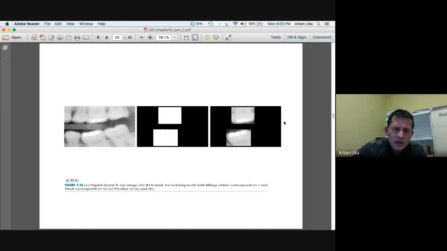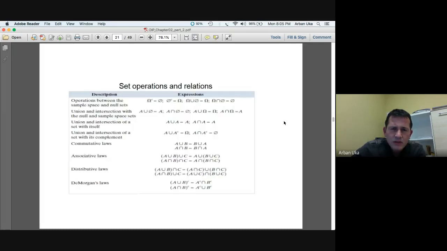So this ROI is simply region of interest. The image on the very left side is the original image. The image in the middle is the region of interest mask. The one on the right side is the mask multiplied with the original image.